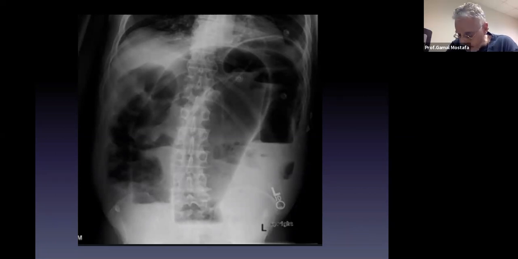Yeah, definitely. Some people would do a loop transverse colostomy, but it's a very bad location to put the colostomy, and if you are doing a midline incision after that, you're going to have a problem where you situated this transverse colostomy. Transverse colostomy is not really a preferred site to put a stoma in the abdominal wall.